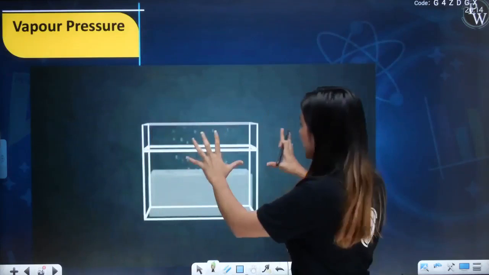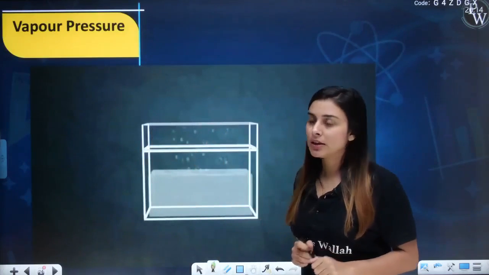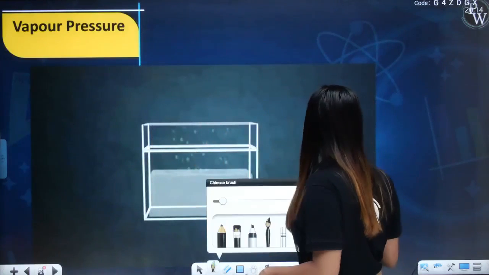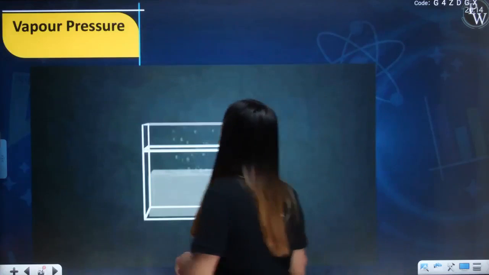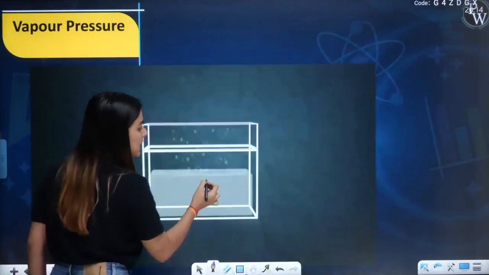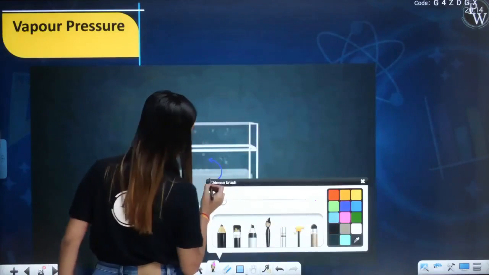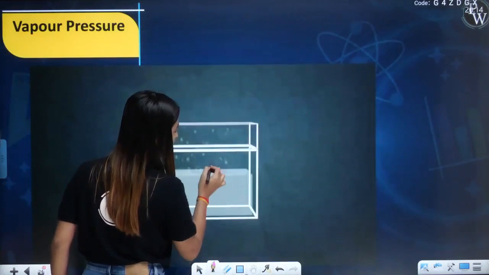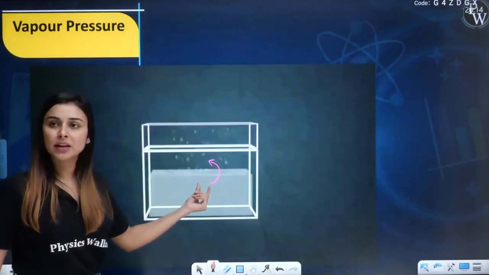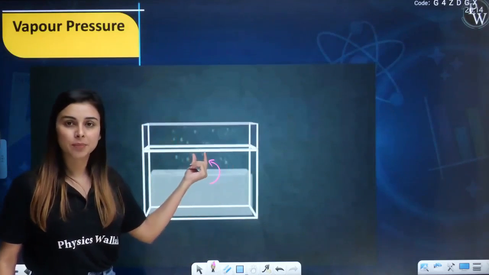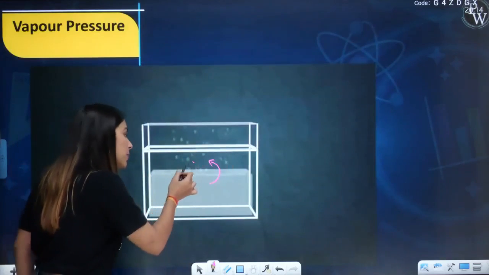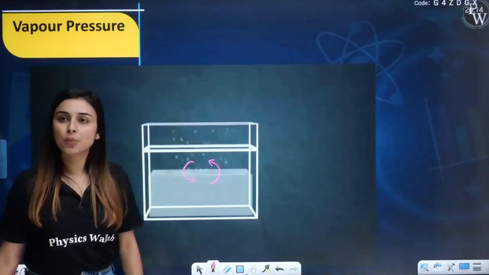Now, you have a container here. What happens, my dear students, is that you have some liquid here, right? This liquid gets converted into its vapor form. I'll write it with pink color, okay? This liquid gets converted into its vapor, and you know that this vapor will also get converted into the liquid as well, right?